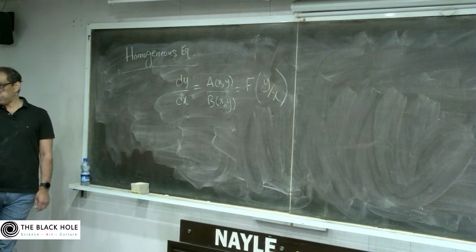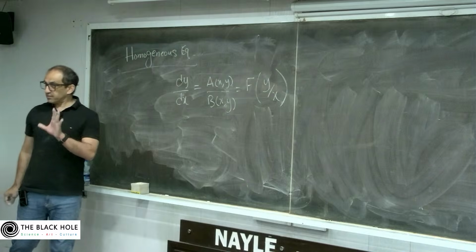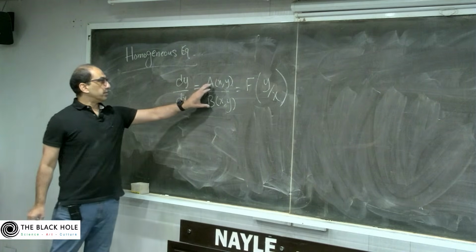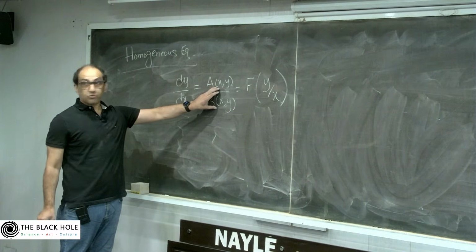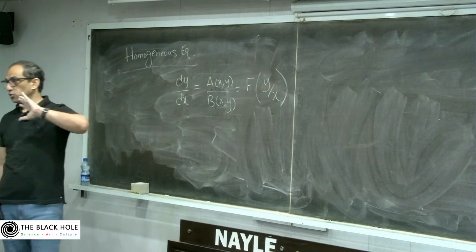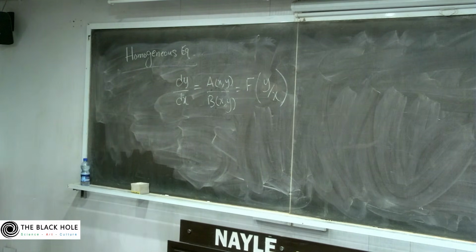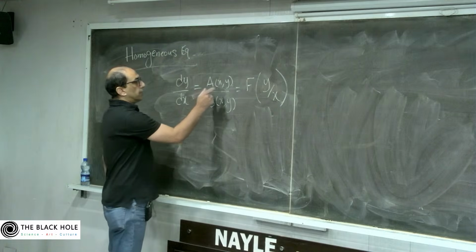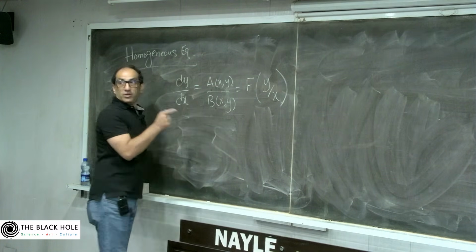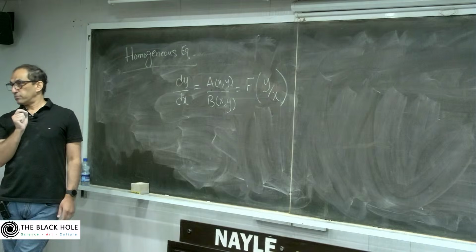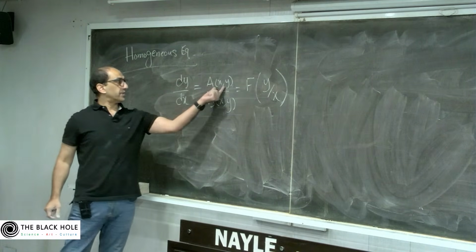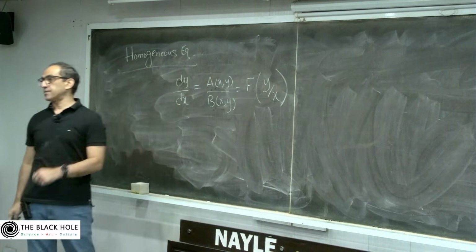How to deal with it. But there is a restriction here: you can do this if and only if the degree of whatever is given here and whatever is given here is the same.